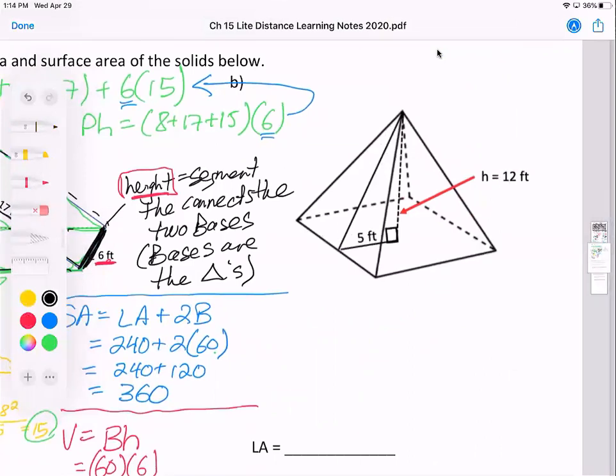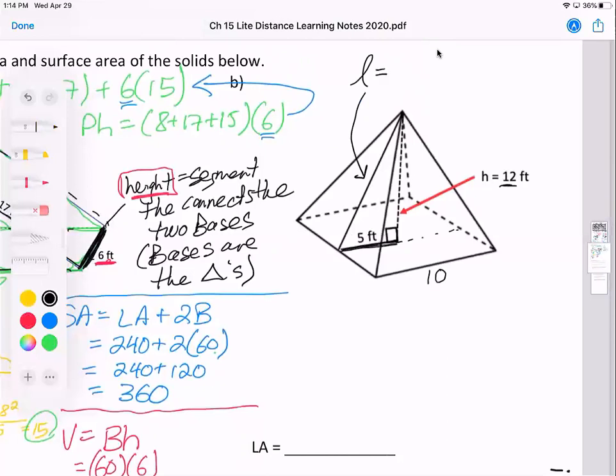For this pyramid, we have the 5 that's provided. That means if you went the whole way, this entire side would be 10. Maybe that will be helpful later. We're told the height is 12, the height of the pyramid. And this side is the slant height of the pyramid.